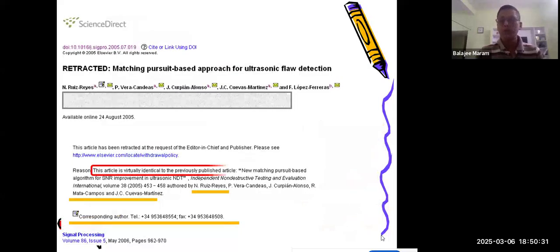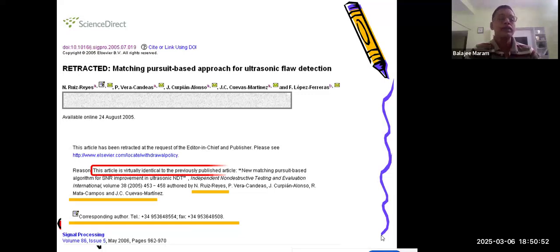Next, retraction. Nowadays, retraction is a common word in the research world. Suppose knowingly or unknowingly you have made some mistake. Yes, you have copied some content or some image, whatever it may be.